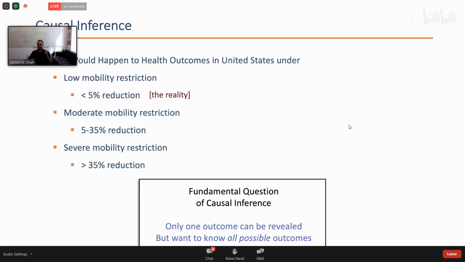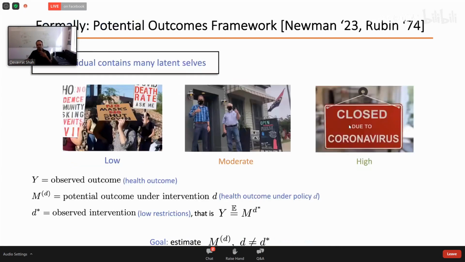And that, in a nutshell, is the fundamental question of causal inference. Okay. How do we start thinking formally about this? Well, a traditional way to think about causal inference is through the framework of what's called the potential outcomes framework.